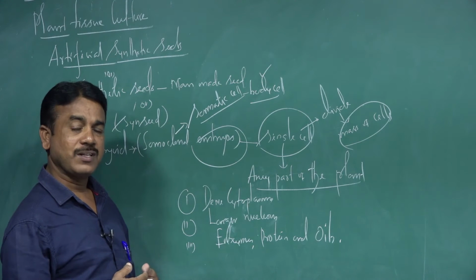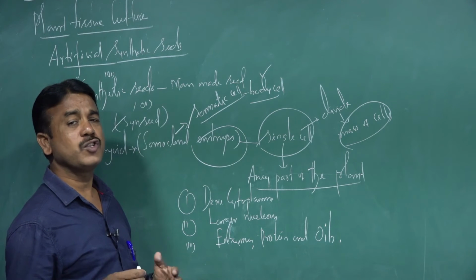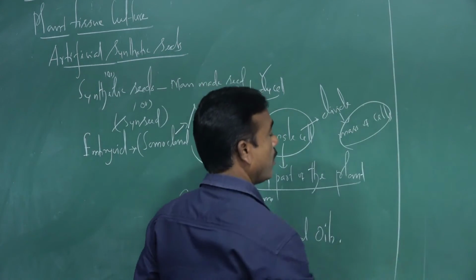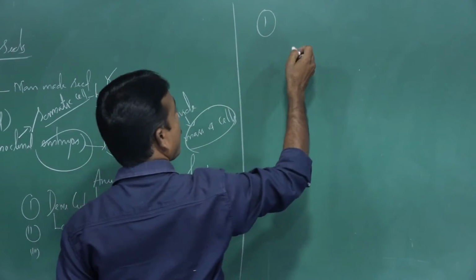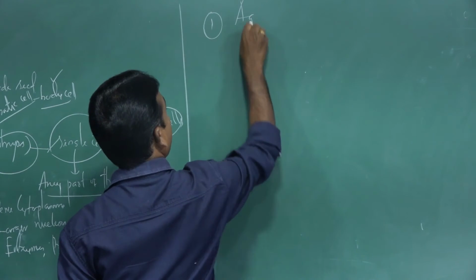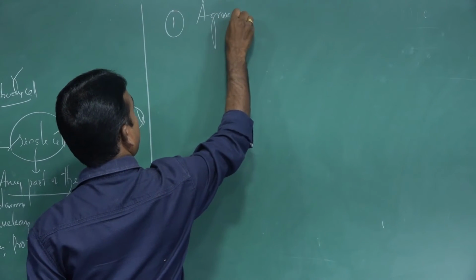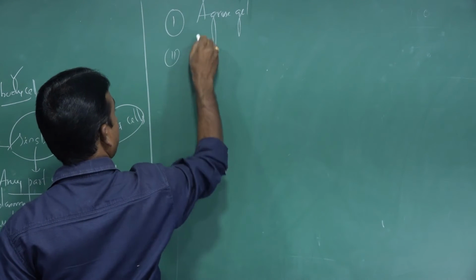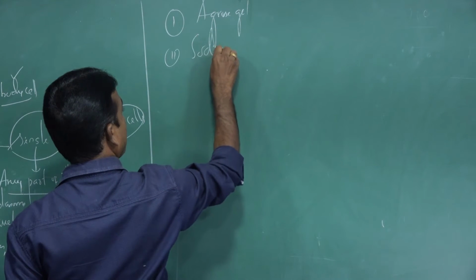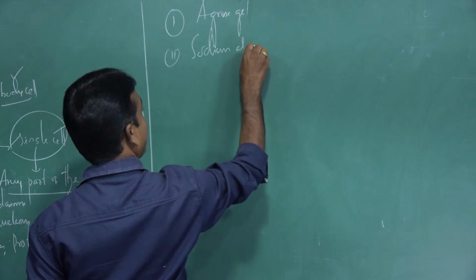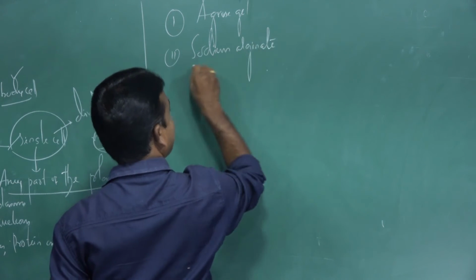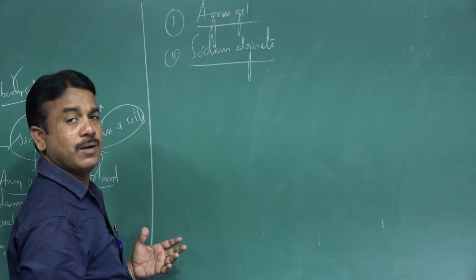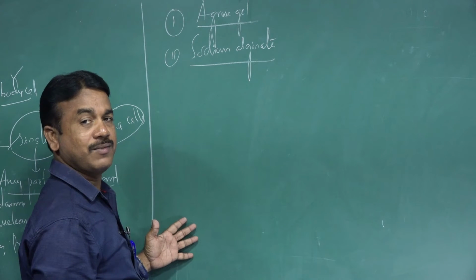What are the inert materials generally used for artificial seeds? Let me list them here. One is agarose gel. The second one is sodium alginate.